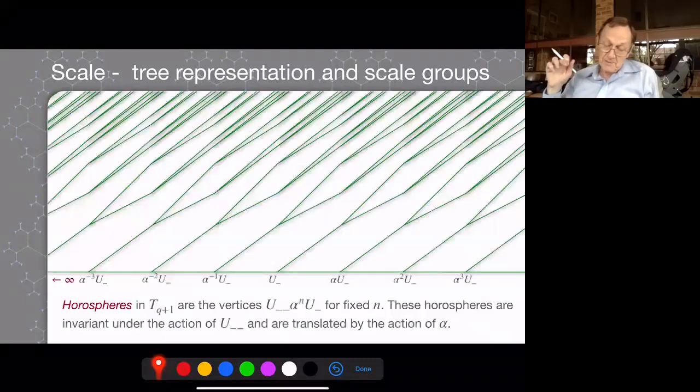Now, here's a picture of what's going on here. So here we have the tree in the case where, again, Q is 2.